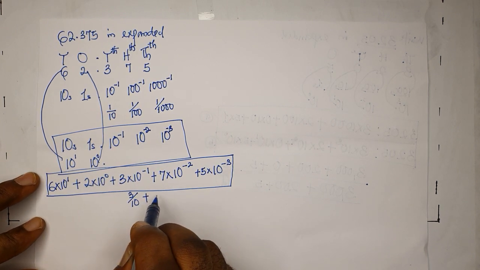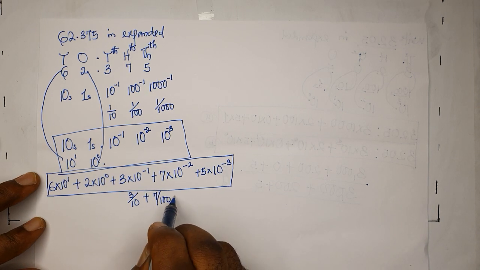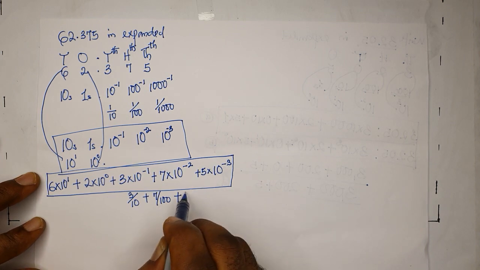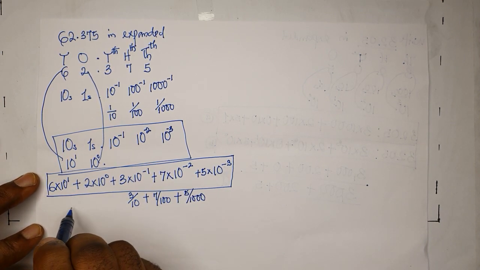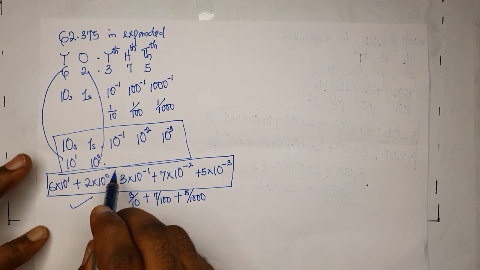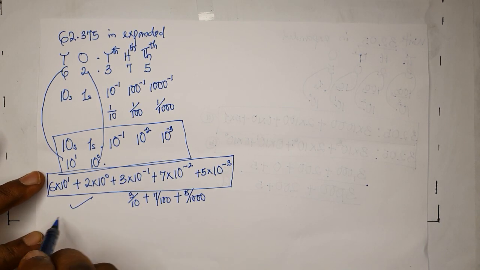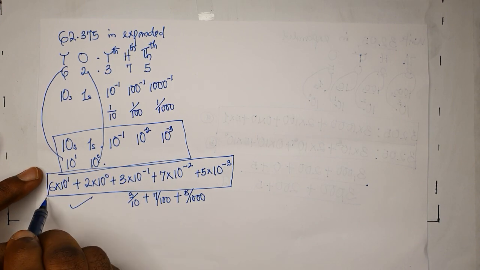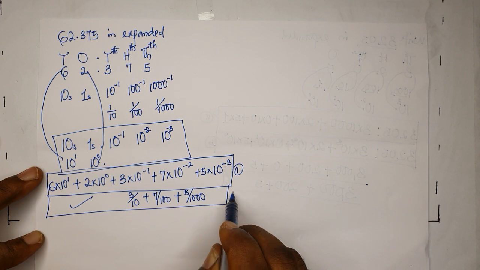Add, this part will become 7/100 fractionally, and 5 times 10 to the power of negative 3 represents 5/1000. So this part, which is 6 times 10 to the power of 1 and 2 times 10 to the power of 0, they both remain the same, but the numbers coming after the decimal point will change. This is the second way of writing it. So I've just shown you way 1, way 2.